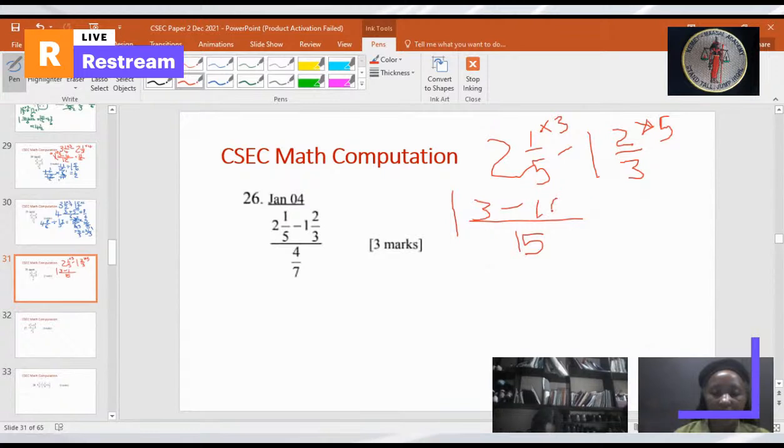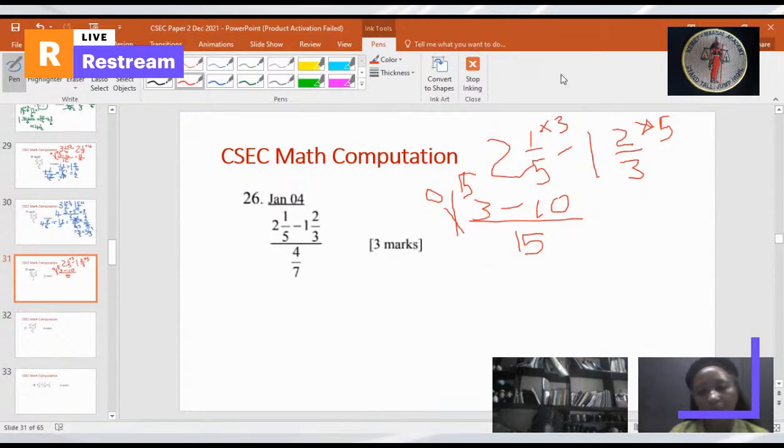All right, Miss, we're going to take 1 from the whole number, and that would give 0. And then we're going to carry over that 1 as 15 over 15.